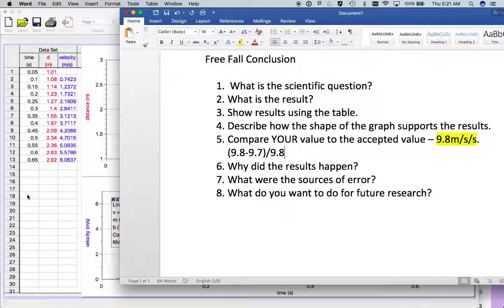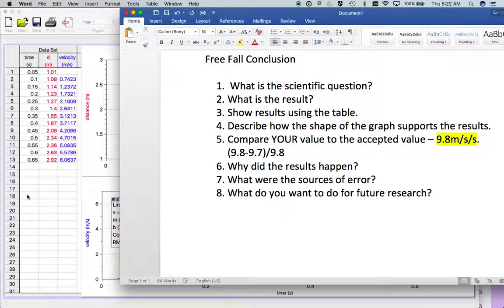Now, why did the results happen? What's happening as the ball falls? Oh yeah, we have gravity. So gravity seems to pull objects down. And again, we do have an accepted value of 9.8. It will be interesting to talk to your classmates. Did that happen in the other two labs? Did they also get values that were close to 9.8? You have shared the data, so you do know what values they got.